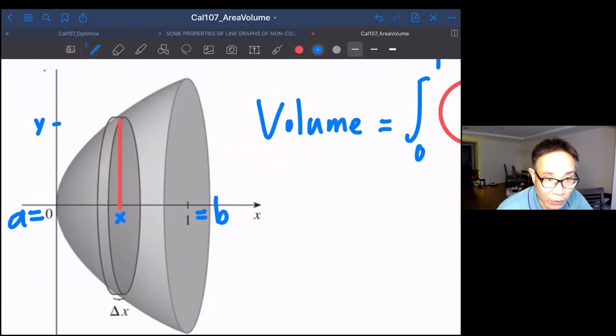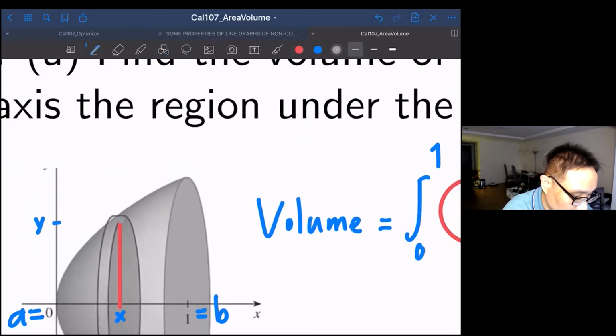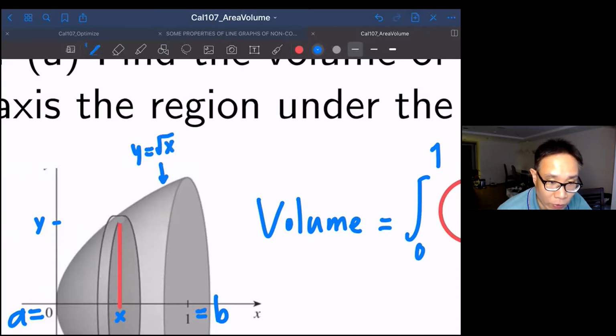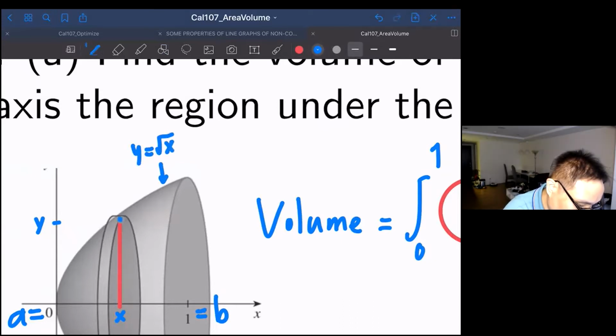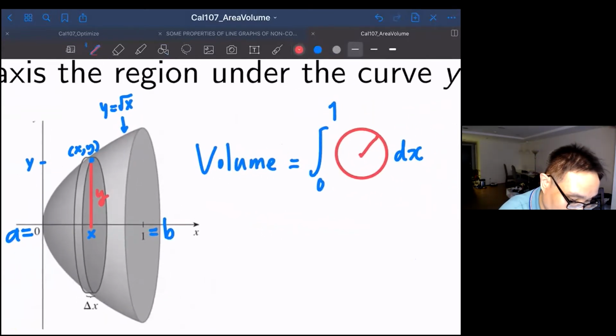So you have your x and your y, and this will be your point (x, y), and this one is the parabola y equal to square root x. So the radius in this case will be equal to y.